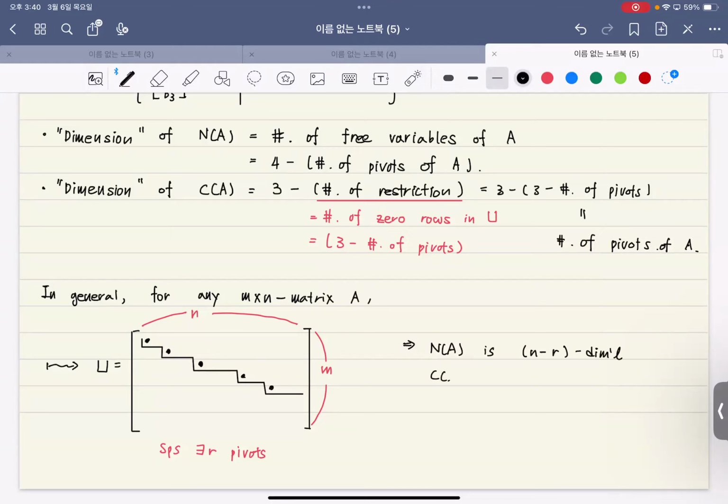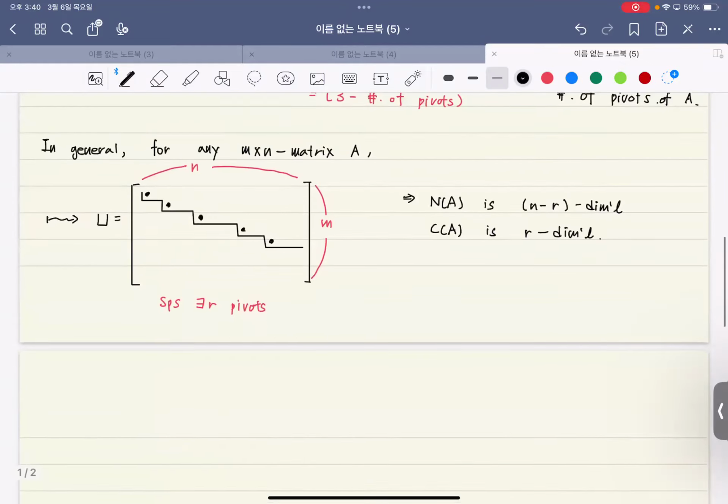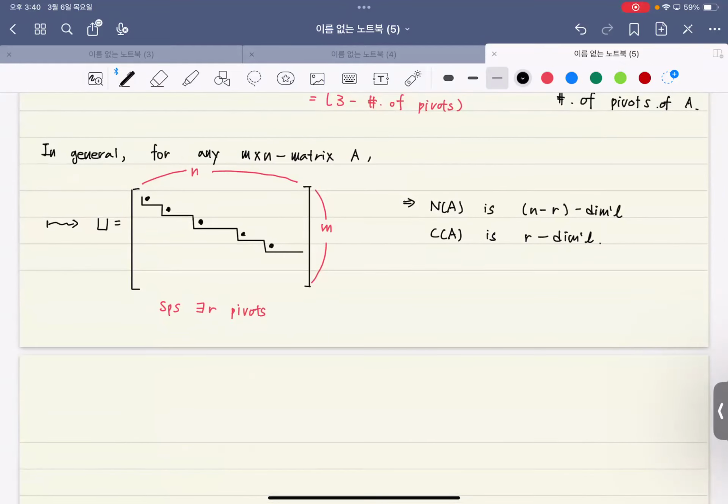And the column space must be an R dimensional space. So this is N(A) and C(A). Okay, I am trying to write down everything in terms of the number of pivots.